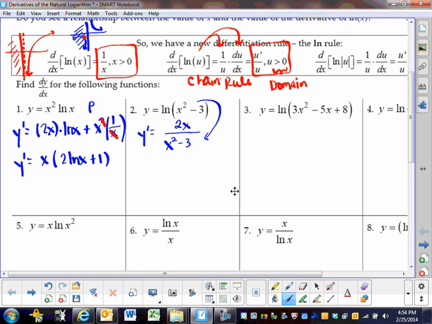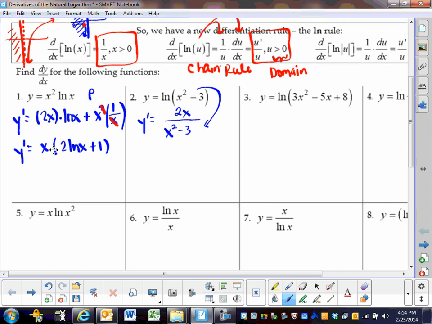For the next problem, we just have the natural log, so the x squared minus 3 goes on the bottom, and the derivative goes on the top. Notice that there's no longer a natural log in this derivative. Since the original still has a natural log, the domain restriction is still there: the inside of the natural log has to be greater than 0.